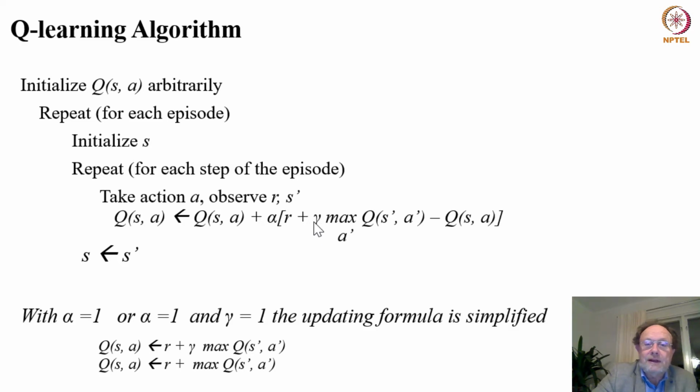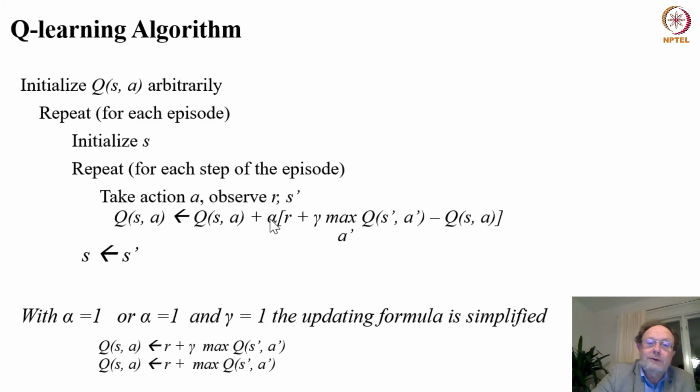The gamma is this discount parameter that we have seen earlier, and the alpha is normally called a learning rate. If you have a low value of alpha, the effect of the change for each step is diminished. By having an alpha of 1, you have the full effect of the change.